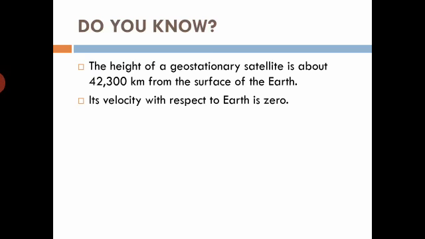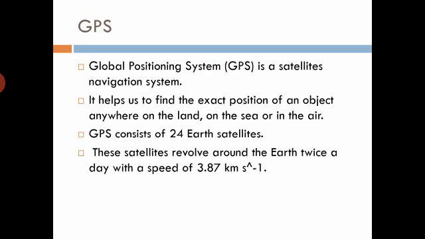They can find the exact position of the object, whether in the sea, on the land, or in the air, and are also used for radar systems and for the navigation systems of mobiles and cars. So they consist of 24 Earth satellites and they all form the global positioning system.